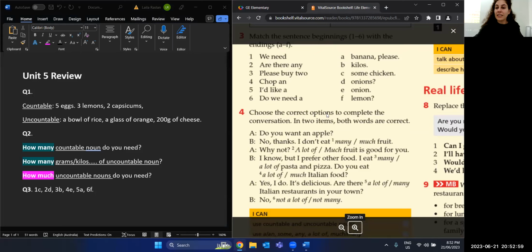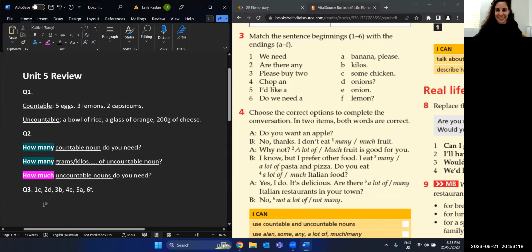Choose the correct option to complete the conversation. In 2 items, both words are correct. So A and B. A is Conrado and B is Roxana. Do you want an apple?